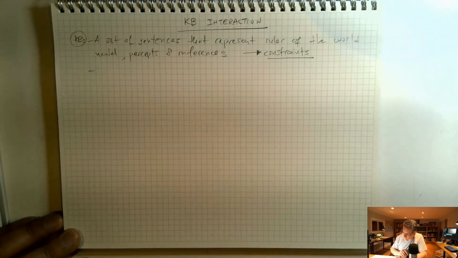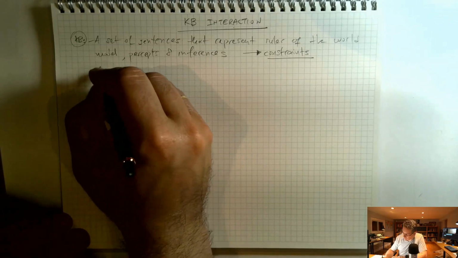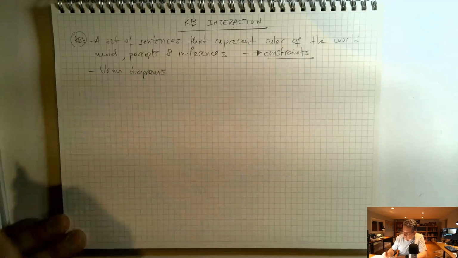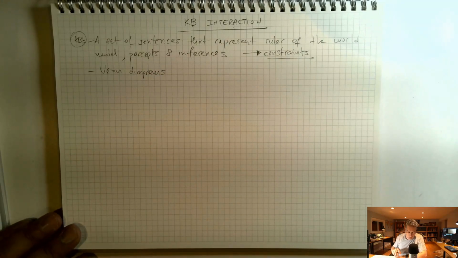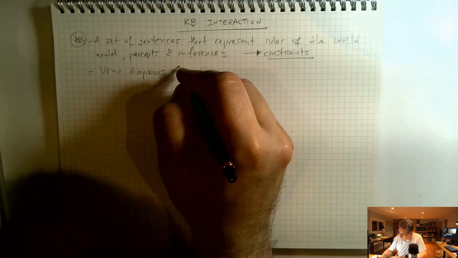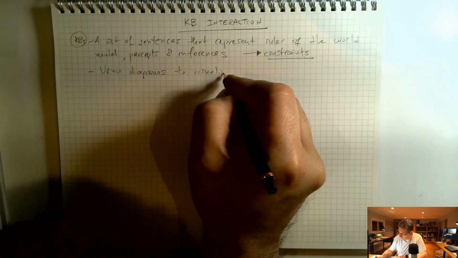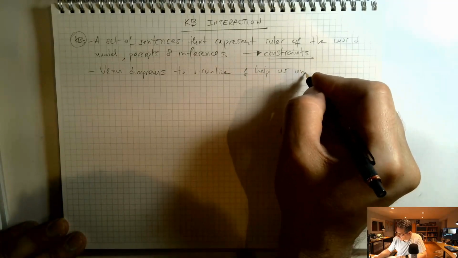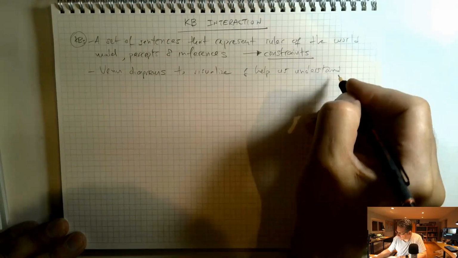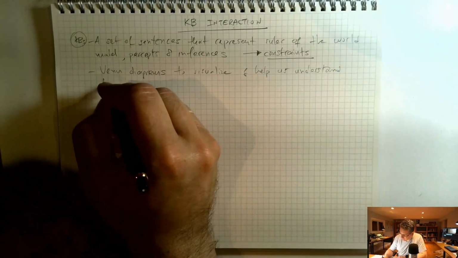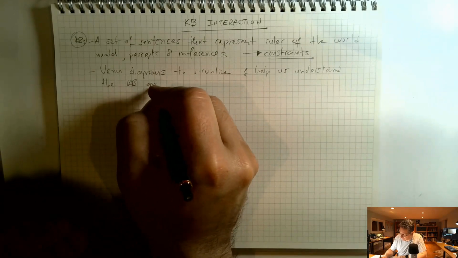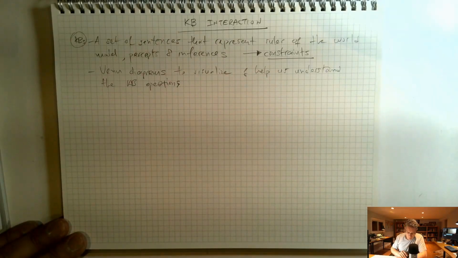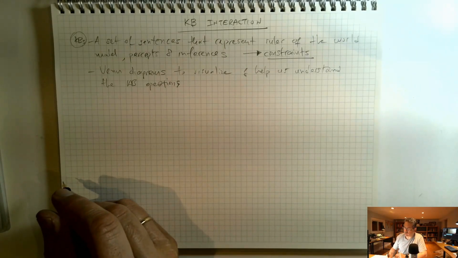The second thing we need to introduce here is the concept of the Venn diagram, which I'm sure you must have heard of before. These are diagrams that will help us visualize and understand the knowledge base operations, and what we can get out of those operations.